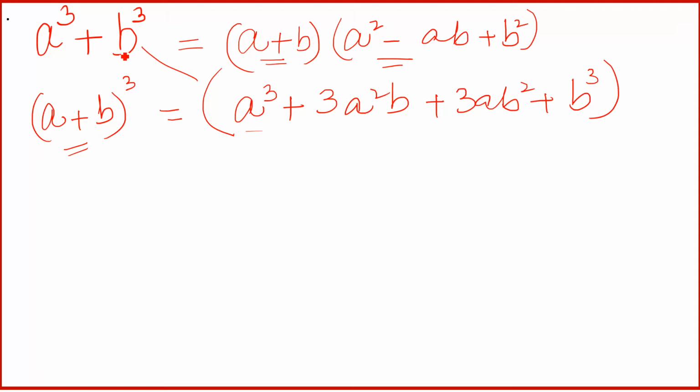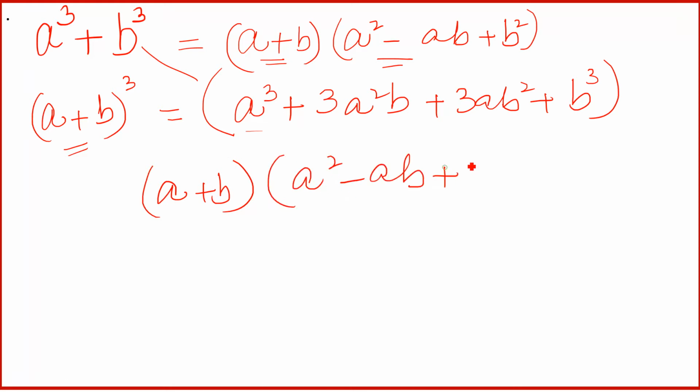Okay. If someone asks you how (a plus b) multiplied by (a square minus ab plus b square) is equal to a cube plus b cube, or you forget sometimes, we can prove it. Just multiply these two. First we multiply this parenthesis with a, then the same parenthesis with b.